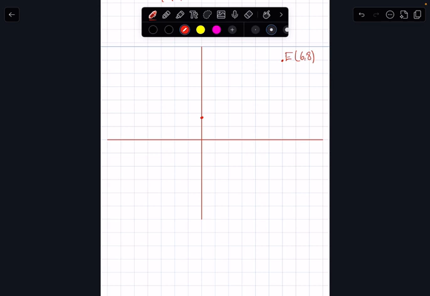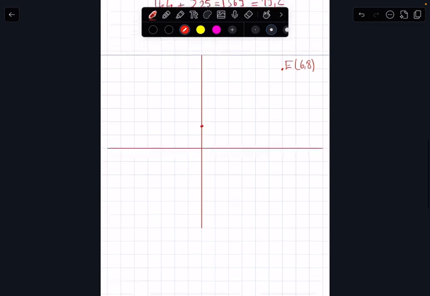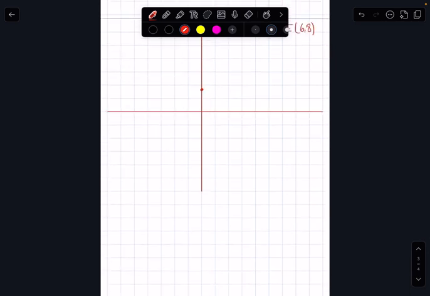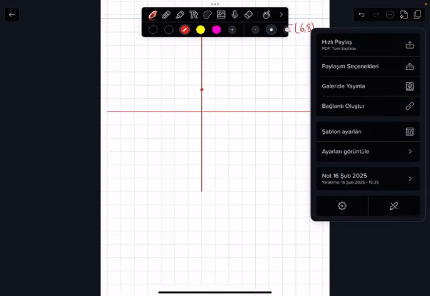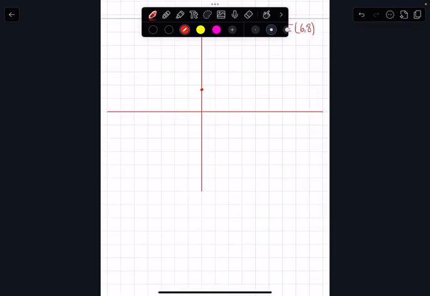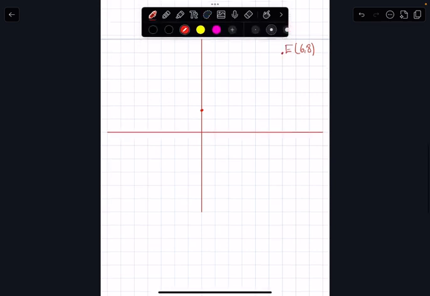actually, let me just get rid of the grid maybe. How can I get rid of the grid? I'm not sure. Is it from here? No. Anyways, F 0 to 2. And here we will have D. Okay.